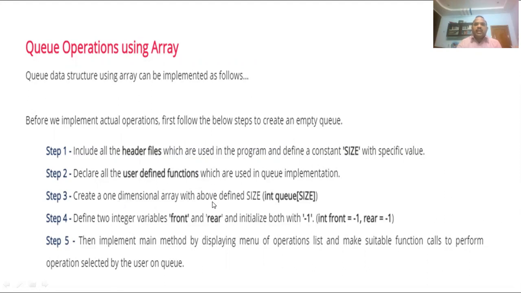Create a one-dimensional array with the above defined size, queue of size. Define two integer variables front and rear and initialize both with -1, int front equal to -1 and rear equal to -1. Then implement the main method by displaying a menu of operations list and make suitable function calls to perform operations selected by the user on the queue.